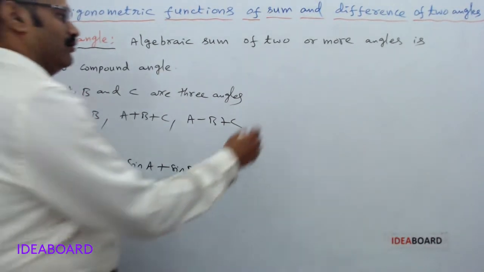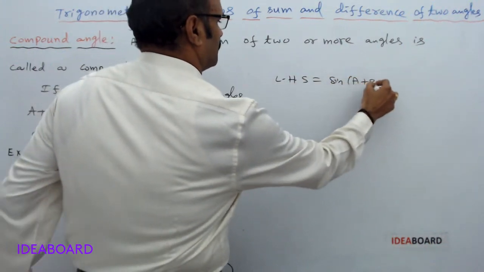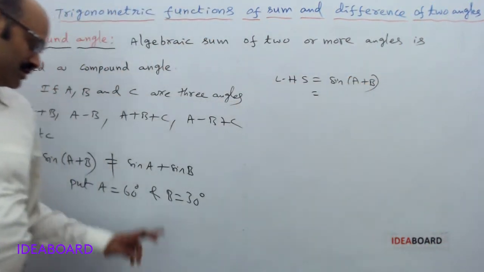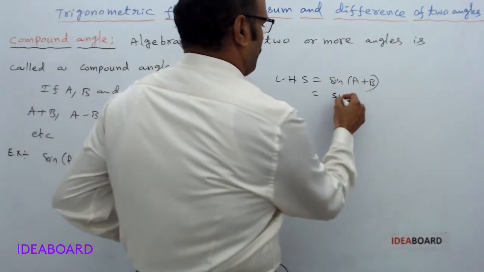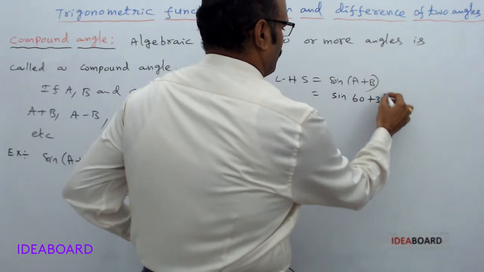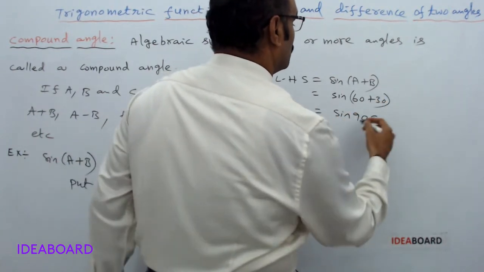LHS: we have sine of A plus B, which equals sine of 60 plus 30, equal to sine 90, equal to 1.